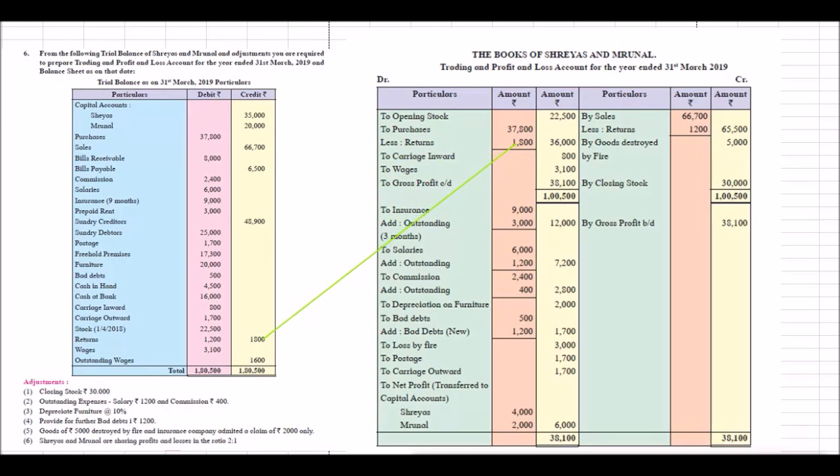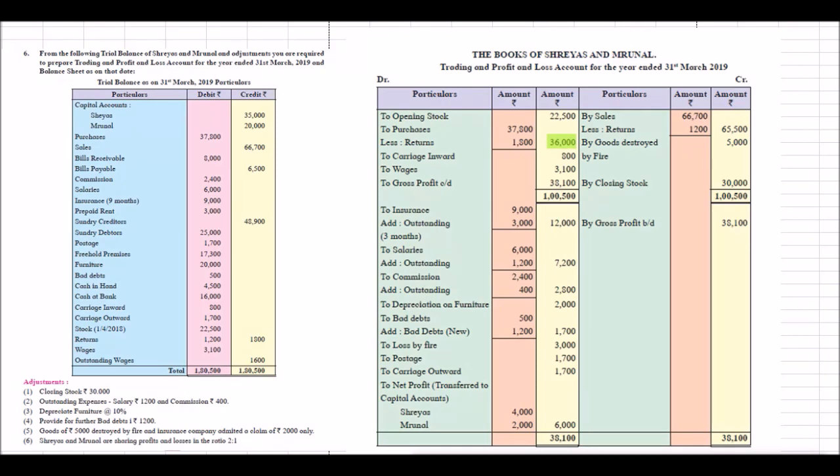After deducting, 37,800 minus 1,800 rupees, we got the amount of 36,000. That is the net purchase. That amount is called net purchase.